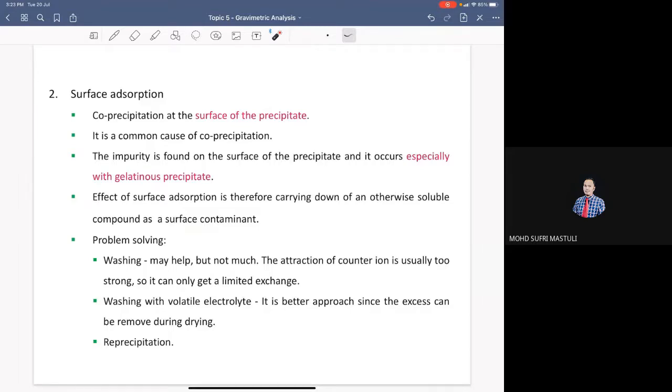Washing with a volatile electrolyte is a better approach since the excess can be removed during the drying. Or, another way, we do reprecipitation.